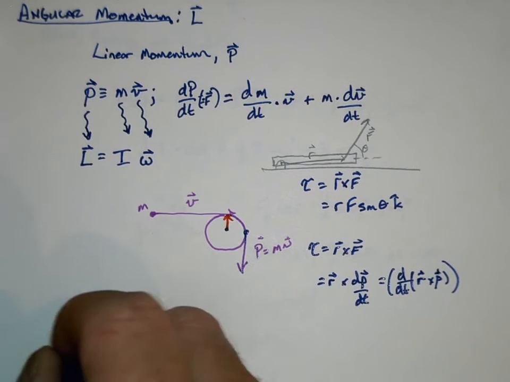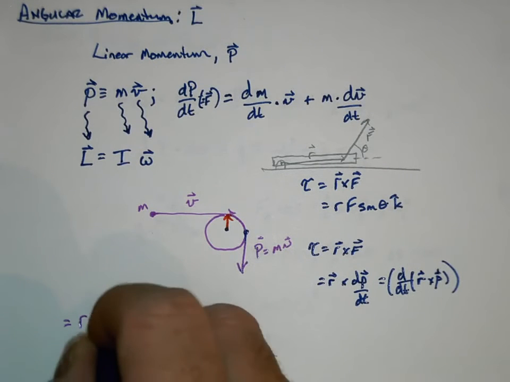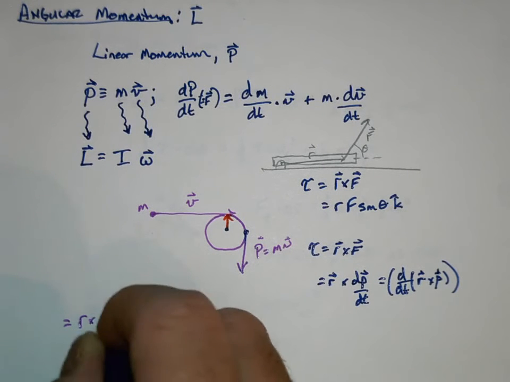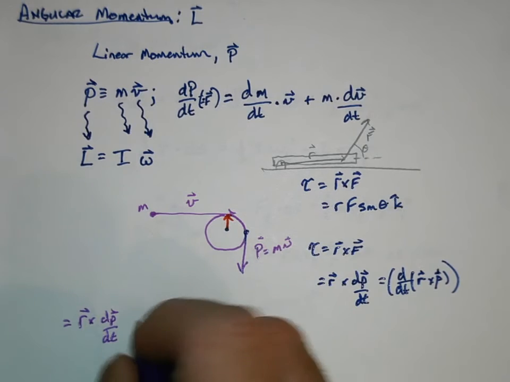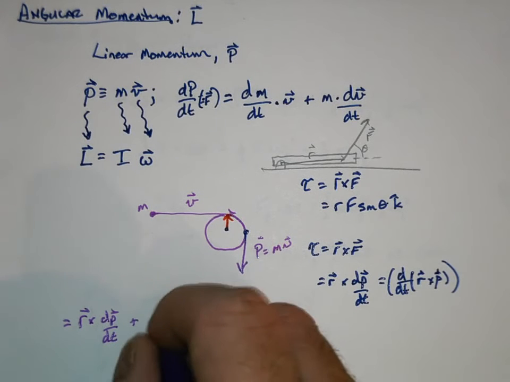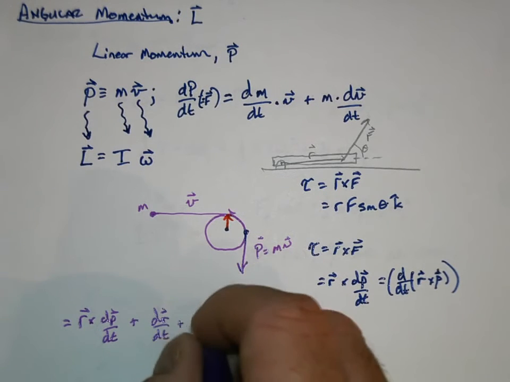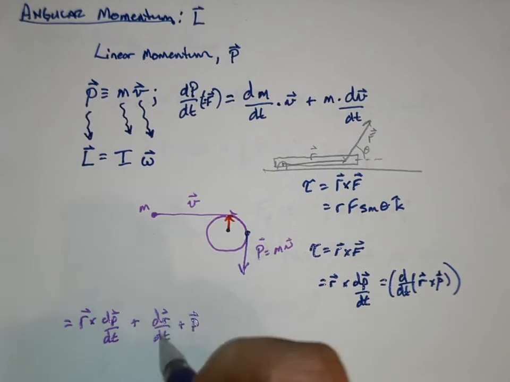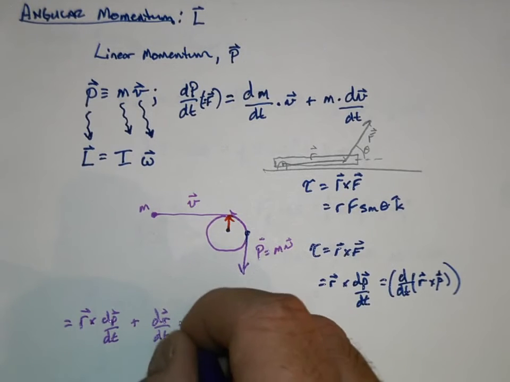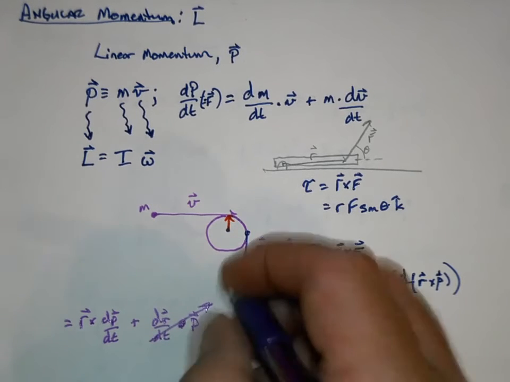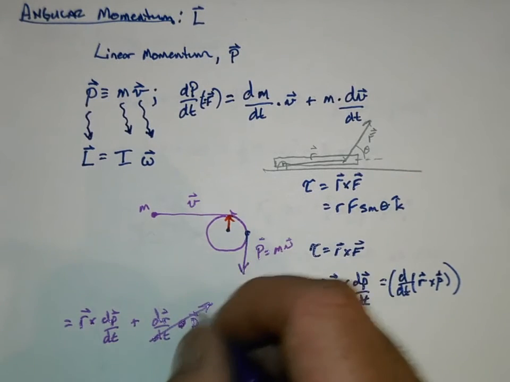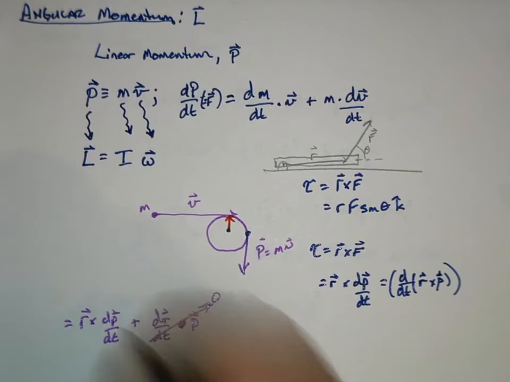That would equal R cross dp dt plus dr dt times our momentum. But because this doesn't change, this goes to 0, and we have R cross dp dt.